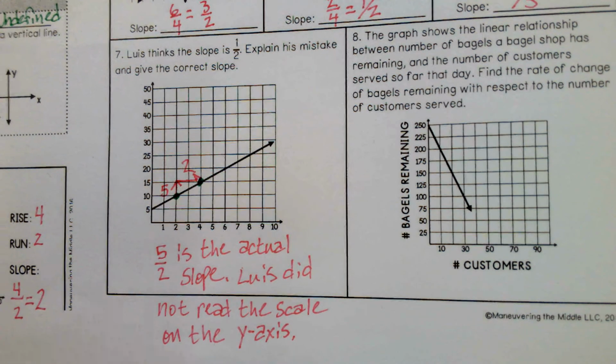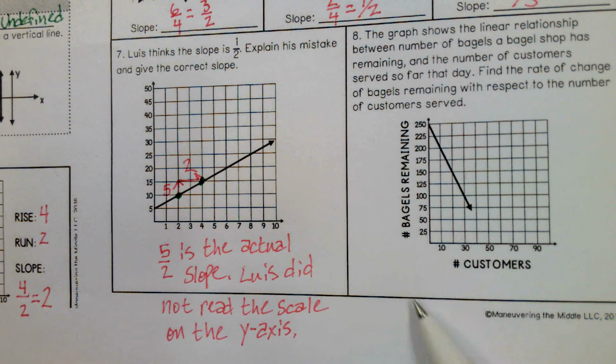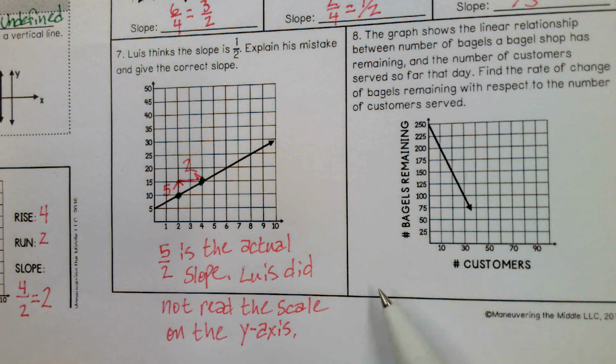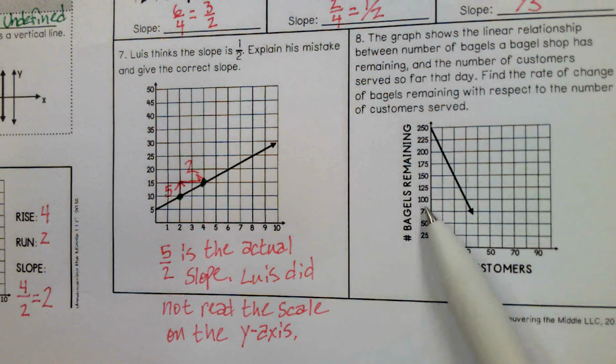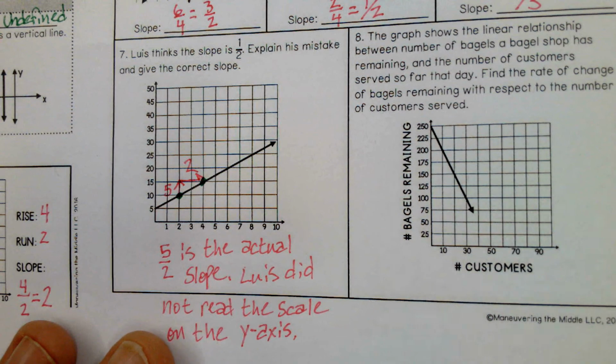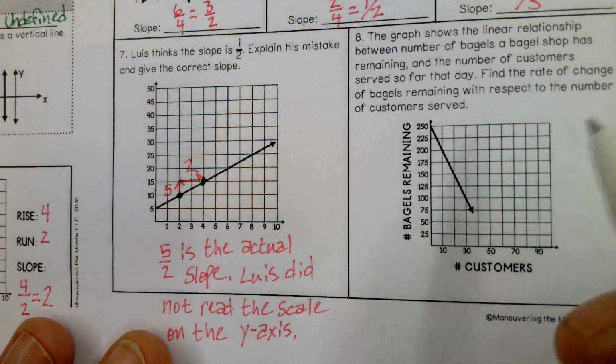So we have bagels remaining, that's on the y-axis, and the number of customers. So as you notice, this is going down, so it's negative, which it should be. Because the more customers, in theory, the less bagels you should have if you just bake them in the morning and that's all you have.